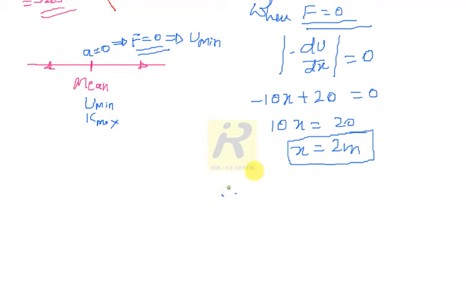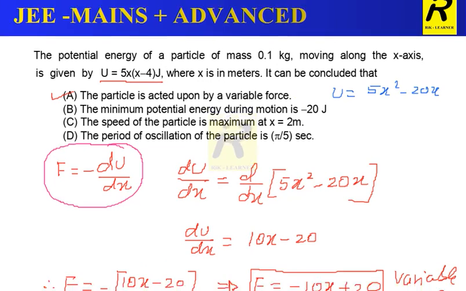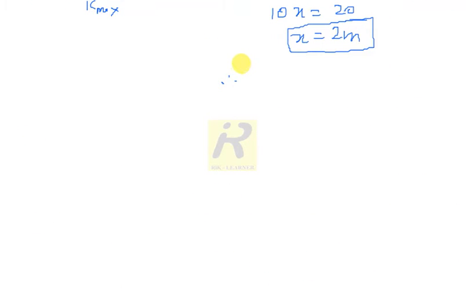So if I put x equals 2 meters in the given equation, U is equal to 5x square minus 20x. In this I should put x equals 2 meters, then I get the corresponding answer. U becomes a minimum when I put x equals 2 meters.